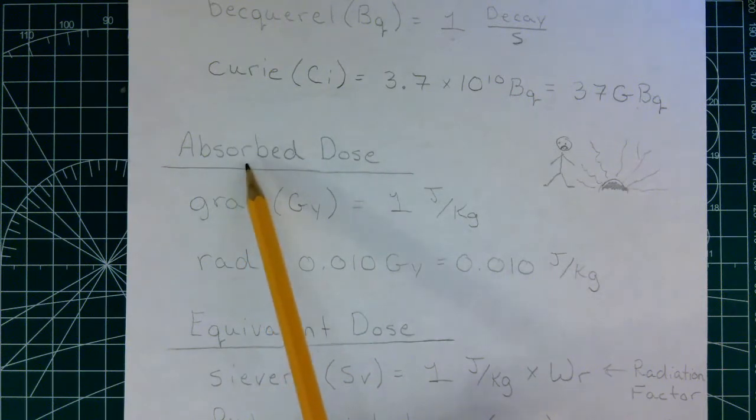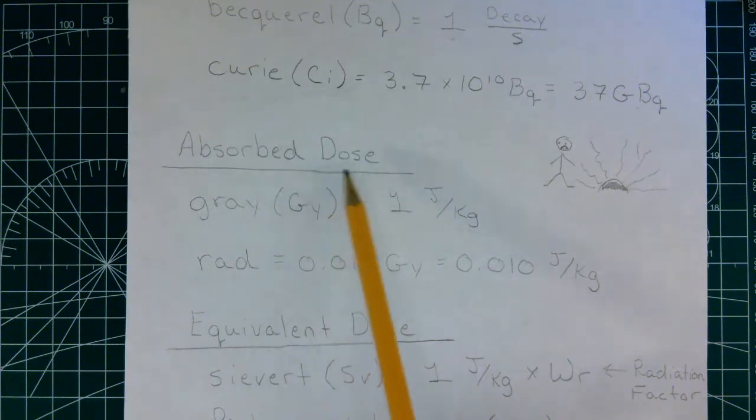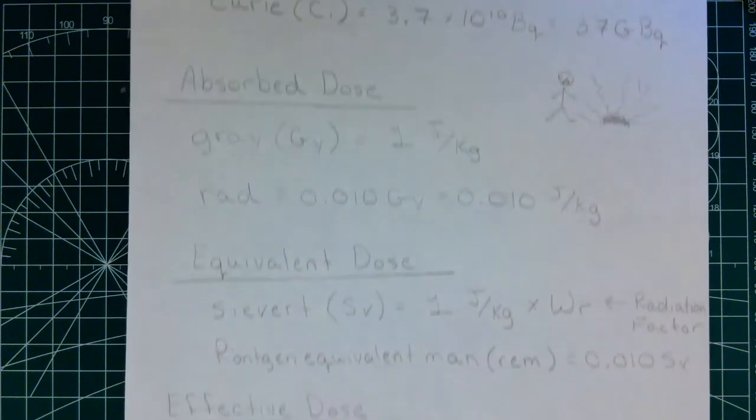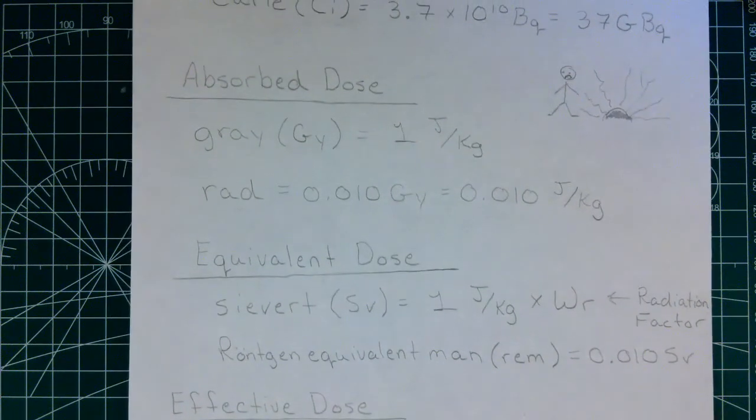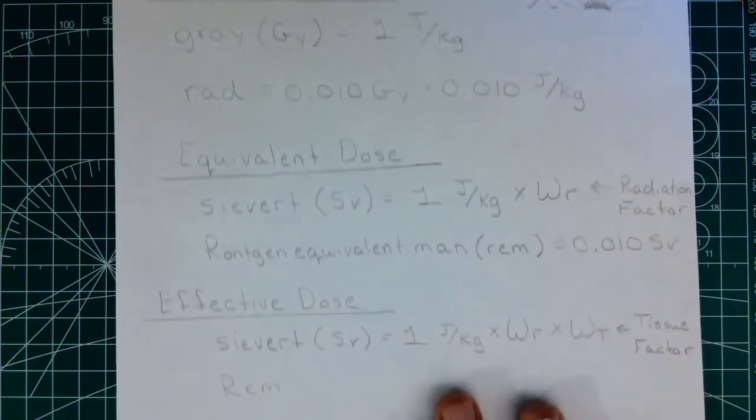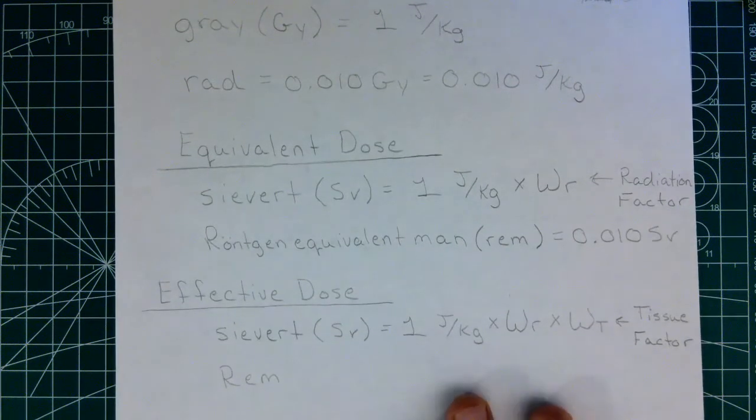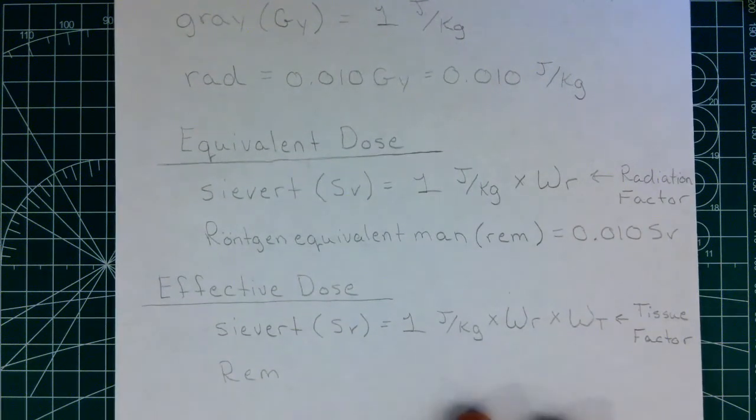What's not happening with the absorbed dose, though, because it still doesn't give us a ton of information, is it doesn't take into account what kind of radiation we absorbed. Some of it is more toxic and deadly than others. So we introduce something called the equivalent dose. And the equivalent dose has its own units.